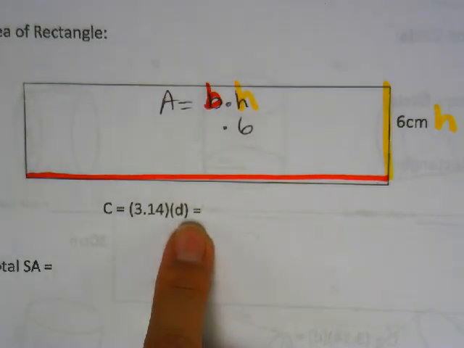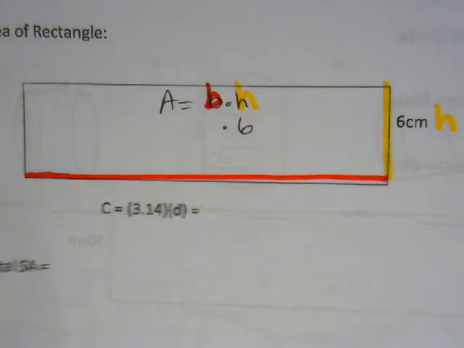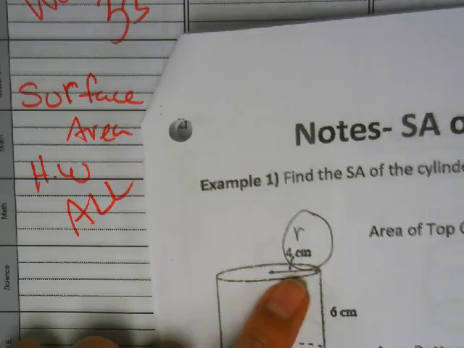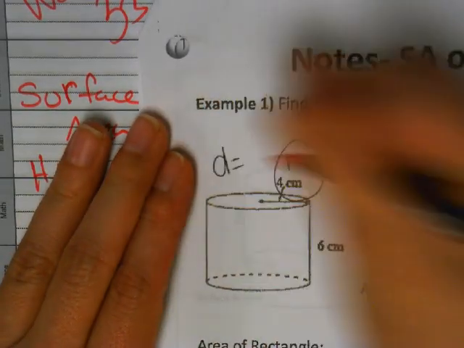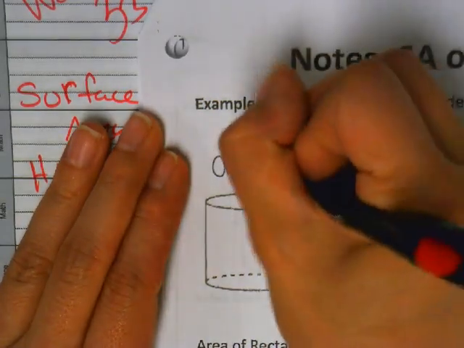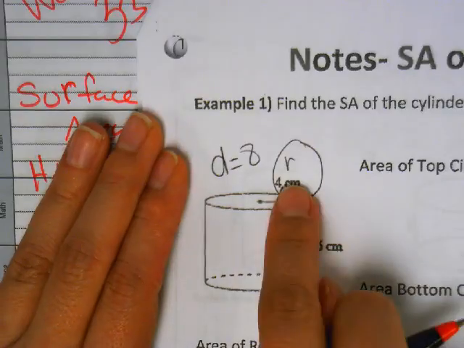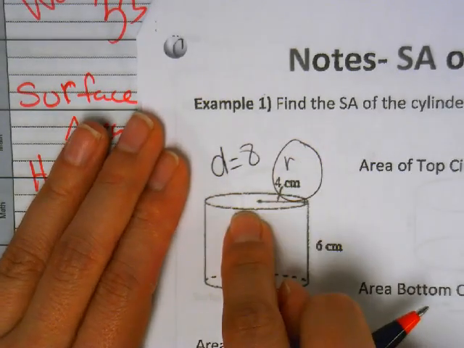What is the diameter of the circle? So if I go up here, what was the radius? 4, right? So my diameter is equal to 8. So if my radius is 4, then my diameter is 8.